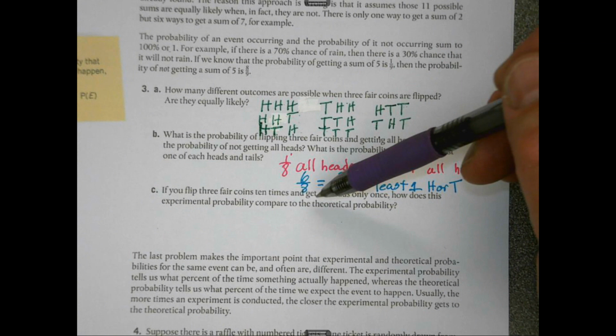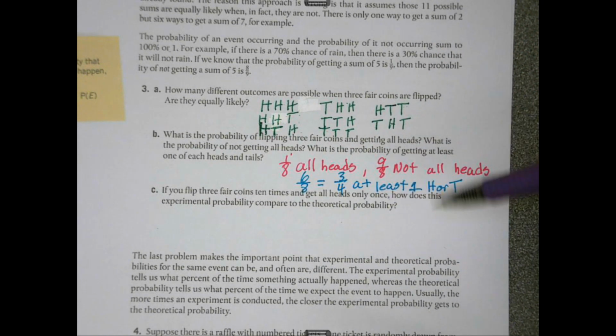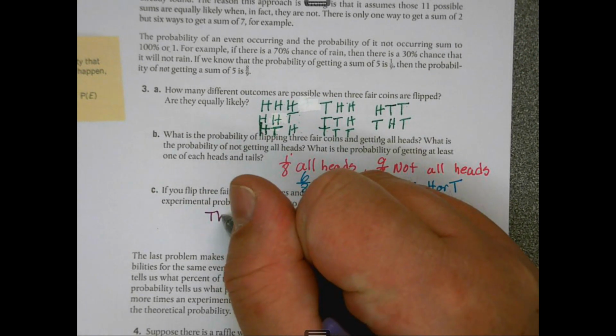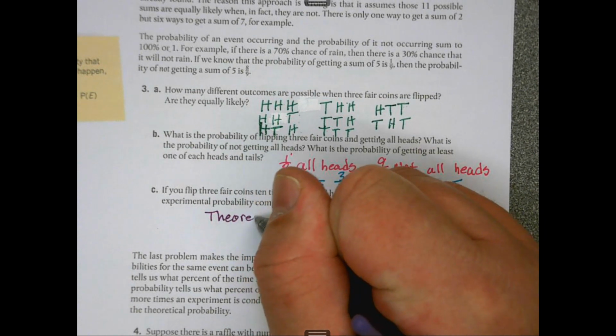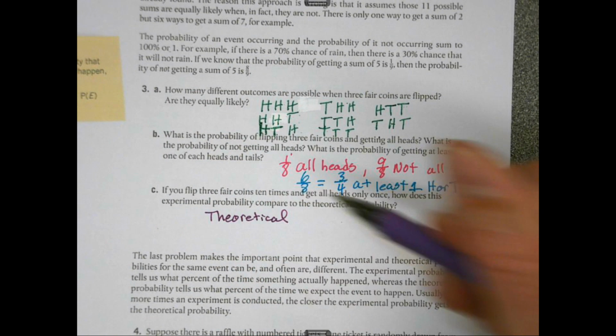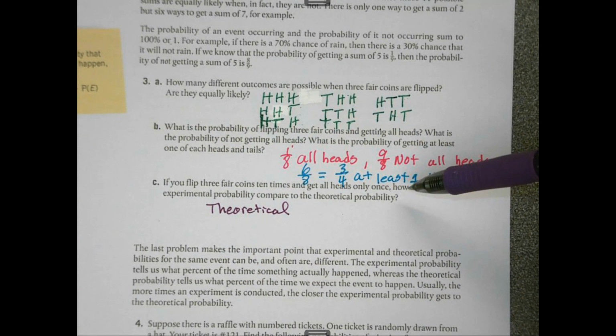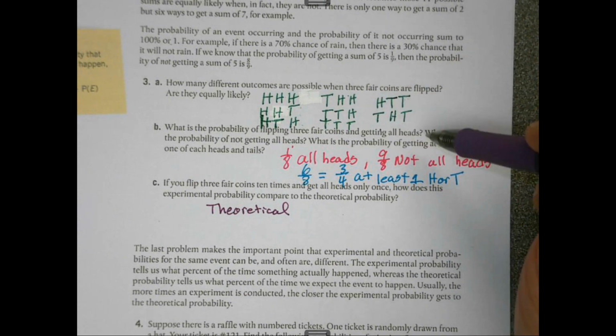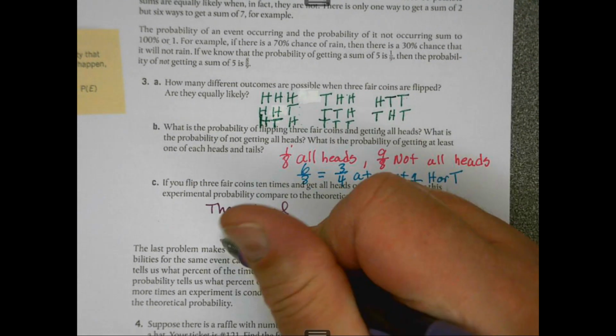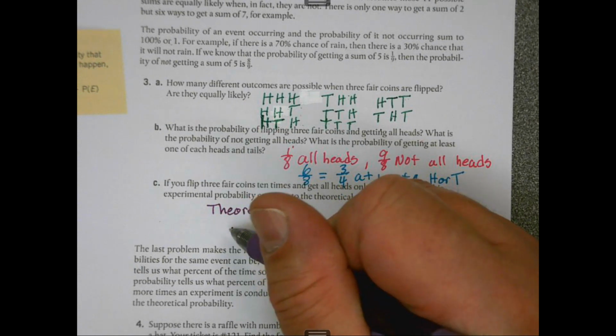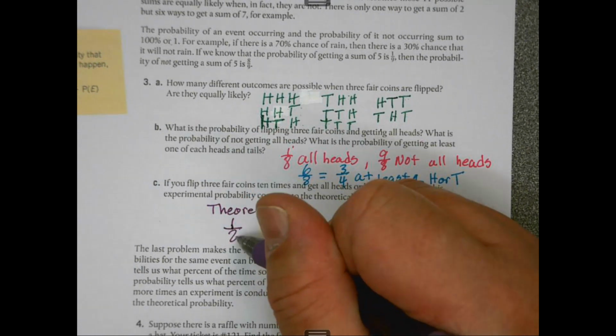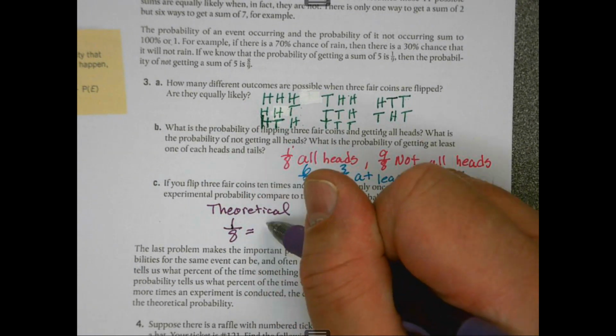The experimental probability says I got, let's see, 10 times.